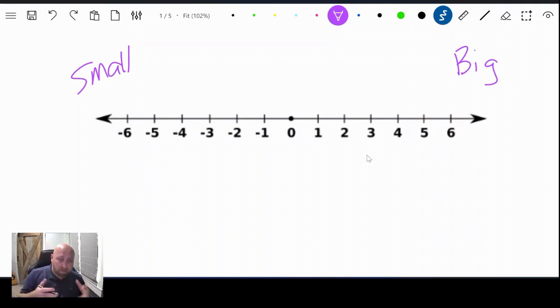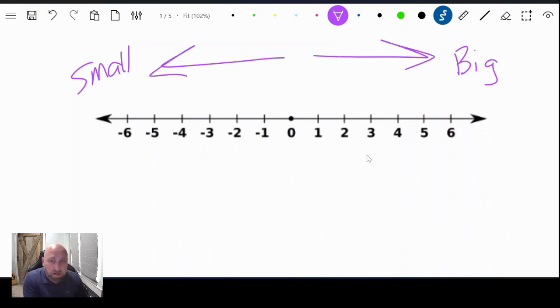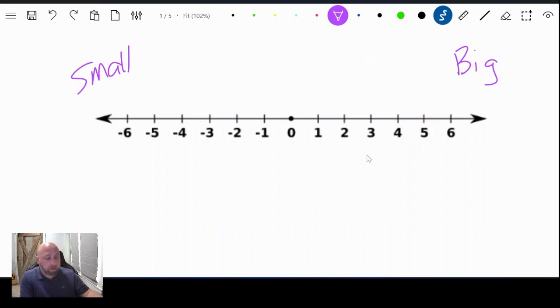So negative $6 is a smaller number than negative 1. And that's kind of weird, right? Because 1 is smaller than 6. But in negatives, negative 6 is smaller than negative 1. So it's whichever way we're going on the number line. If we're going to the left, those are getting smaller. If you're going to the right, those are getting bigger.